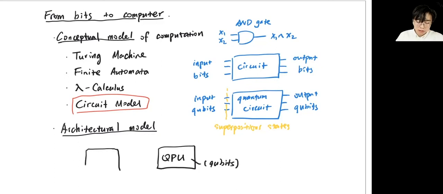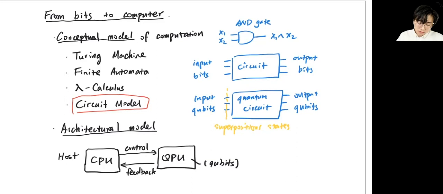And it's controlled by a host CPU, where the description of a quantum circuit is stored, and it performs the generation and optimization of control signals. Data also feed back to the host CPU.